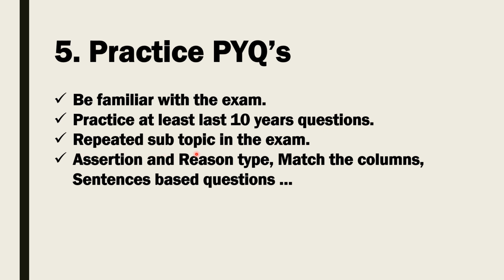Third is repeated subtopics in the exam. Now most of the students practice PYQs, meaning they only solve the questions. But the correct way to see previous year questions is, for example, you are solving a previous year question from the chapter biotechnology. You have to analyze on which subtopic they have asked the question.